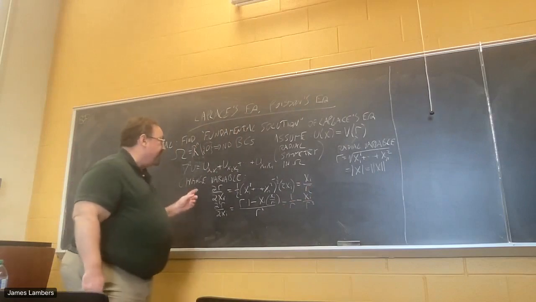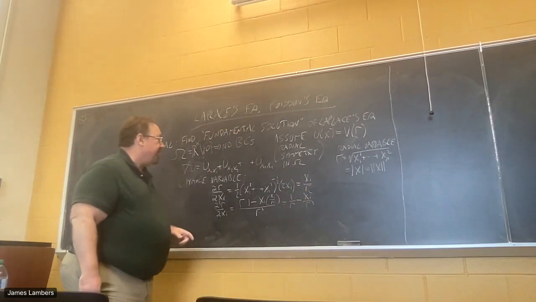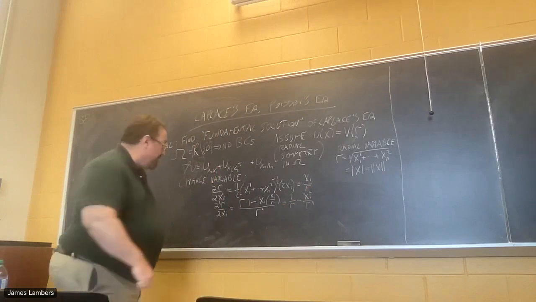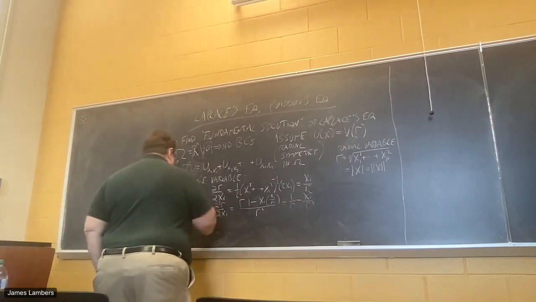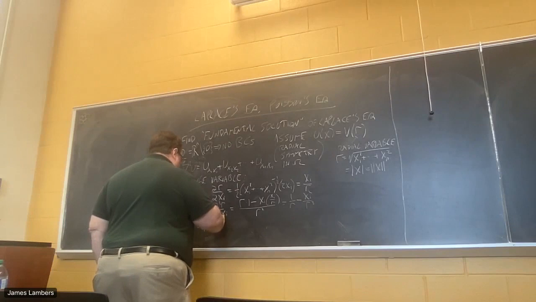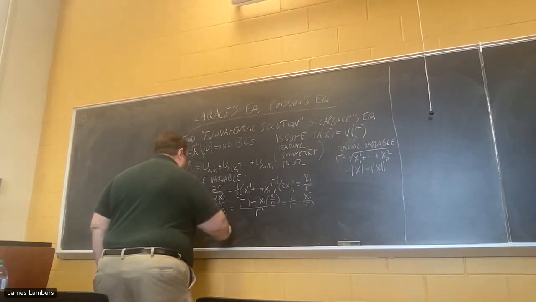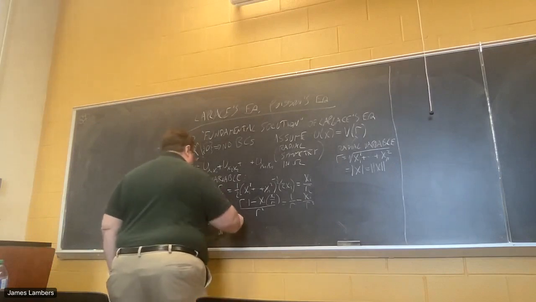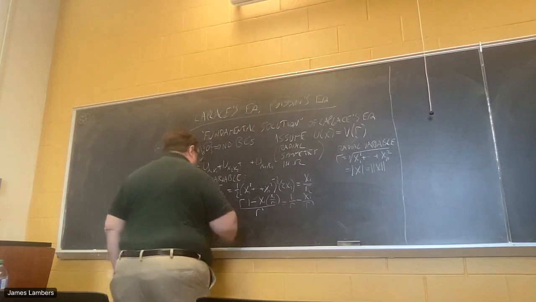Now, this allows me to express derivatives of u with respect to xi accounting for radial symmetry. So u_xi is equal to dv/dr, actually I'll write it this way so it's easier to see, dv/dr times the partial of r with respect to xi.